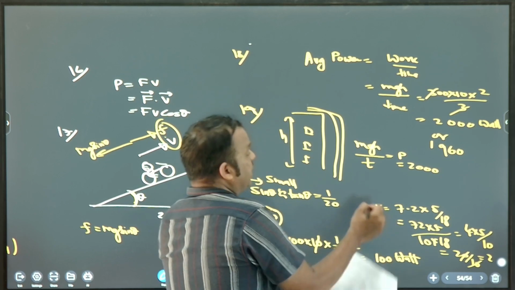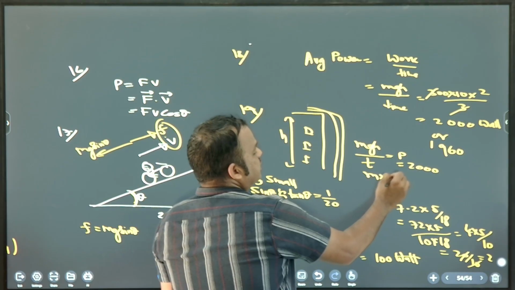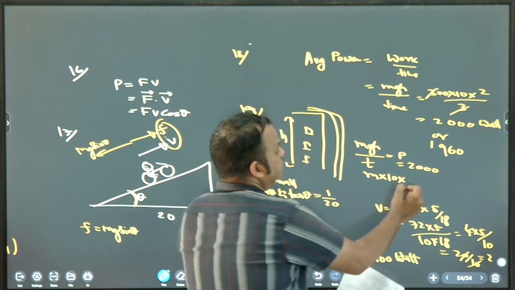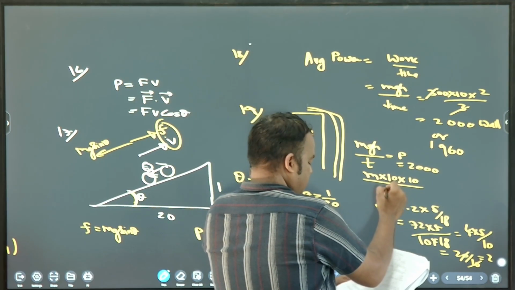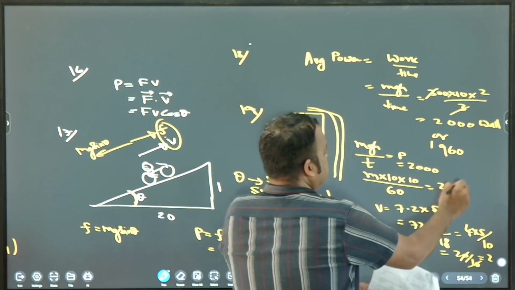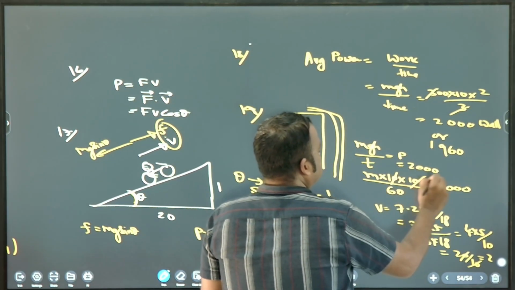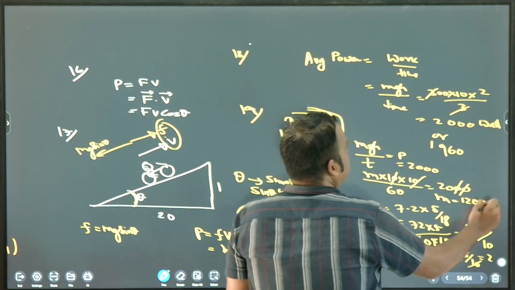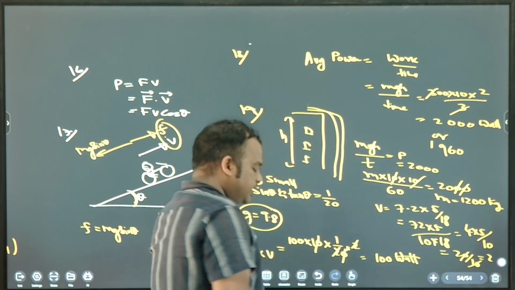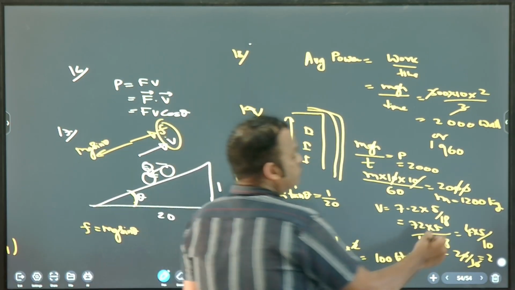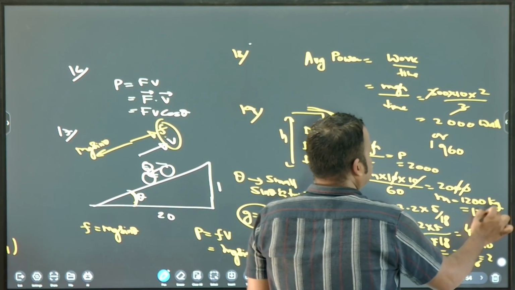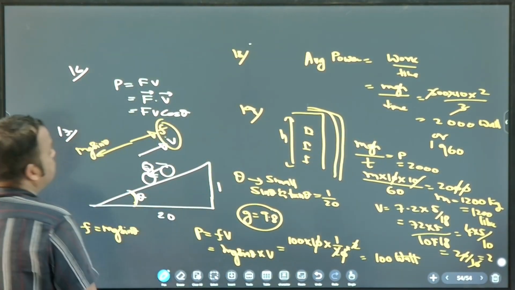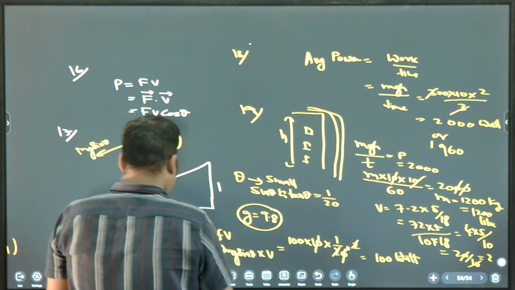They are asking mass. So m into g. G is 10. H is given 10 meter. Time is given 1 minute. 60 is equal to 2000. Okay, solve this. So what is mass? 1200 kg. So 1200 kg means 1200 liter for water. For water, 1 liter is 1 kg. Write down.